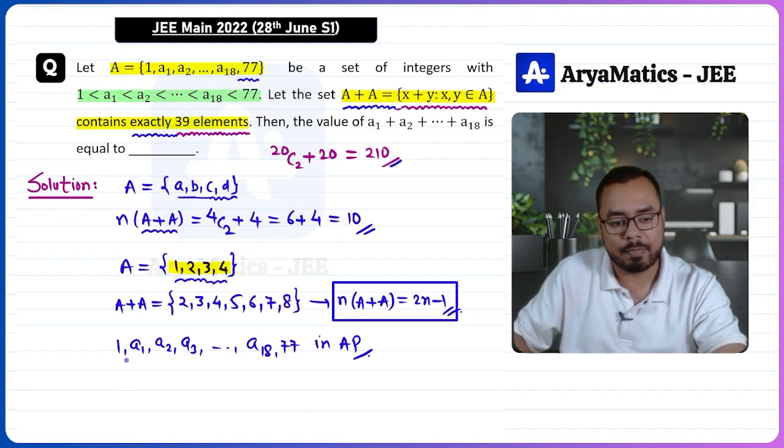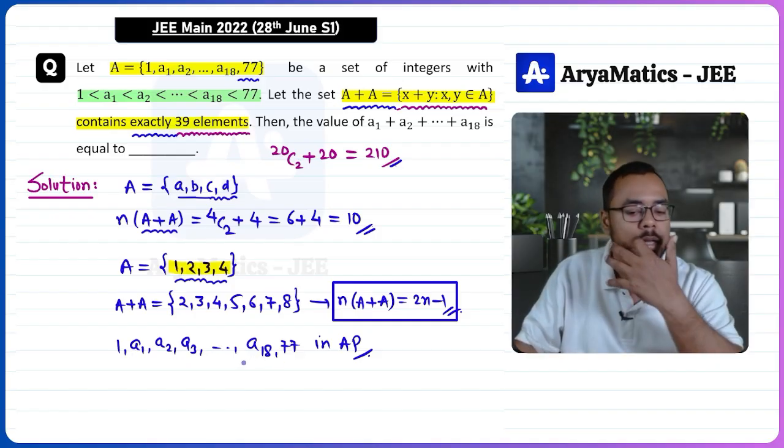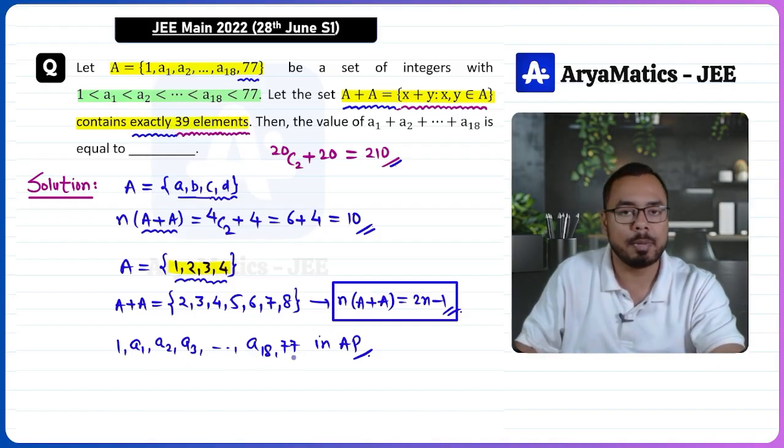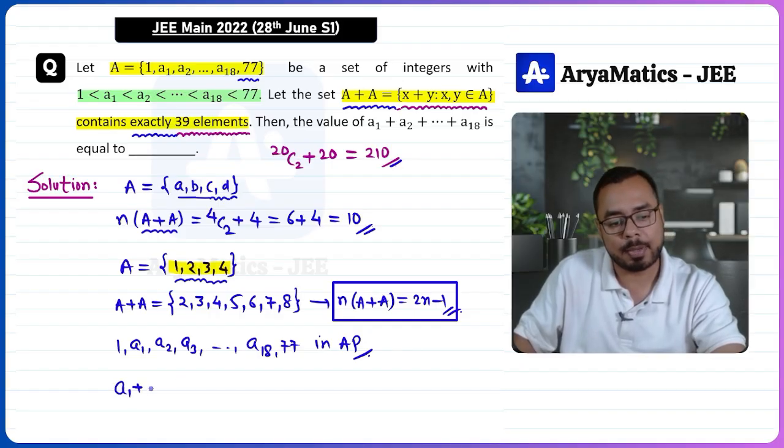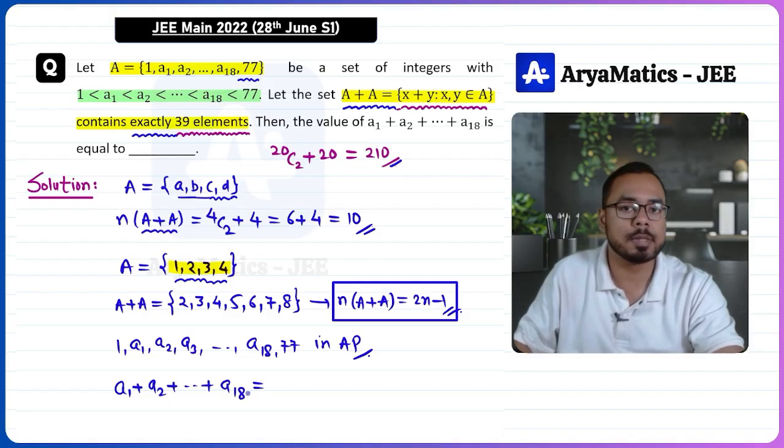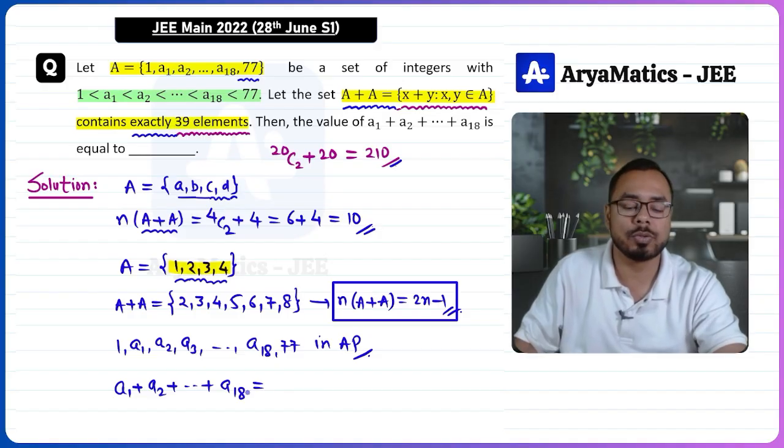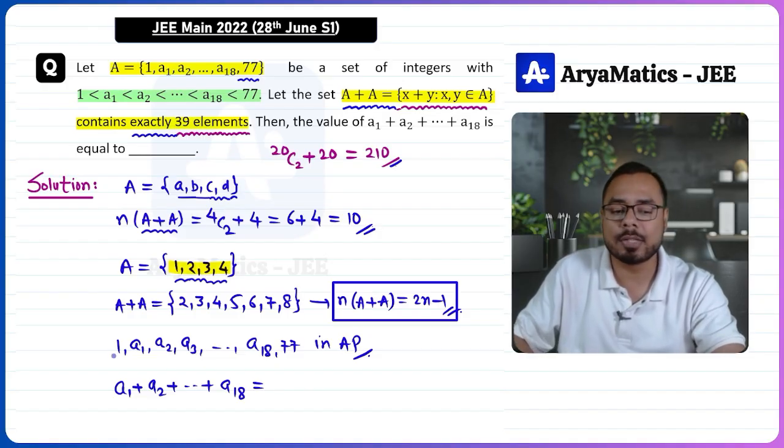So here you can very easily see that these 18 numbers are nothing but 18 arithmetic means between 1 and 77, and we know that the sum of n arithmetic means between any two numbers is nothing but n times the single arithmetic mean between those two numbers, right? Otherwise also you can solve this.